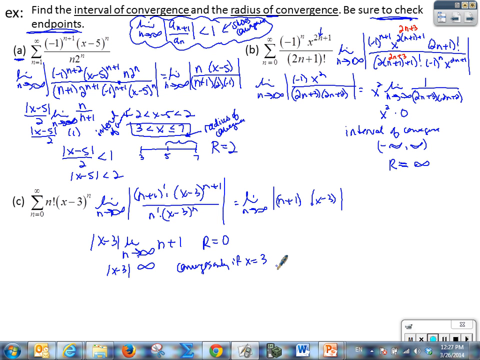Let's talk about that strange phenomenon. If I put a 3 in here, what am I going to get? 0. So my series would be 0 plus 0 plus 0 plus 0. You see why it converges? Plus 0, and that's going to be eventually 0. That's why it's the only place it converges. Every other place will diverge. Okay?